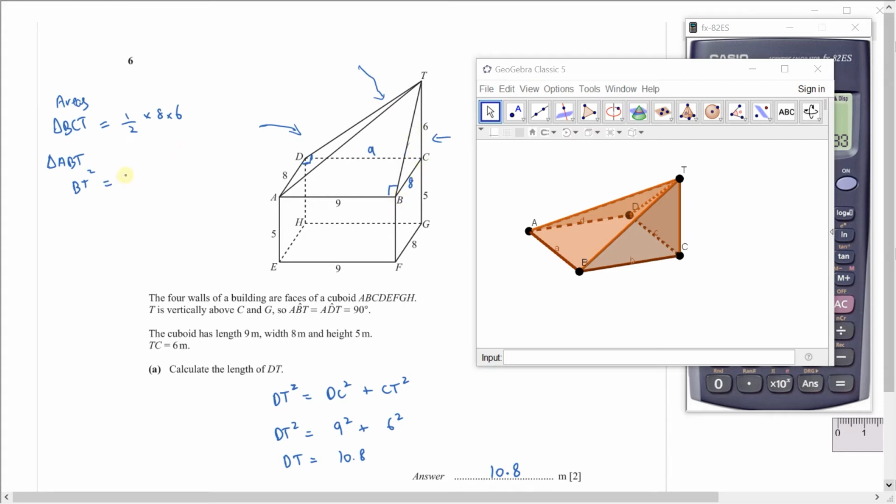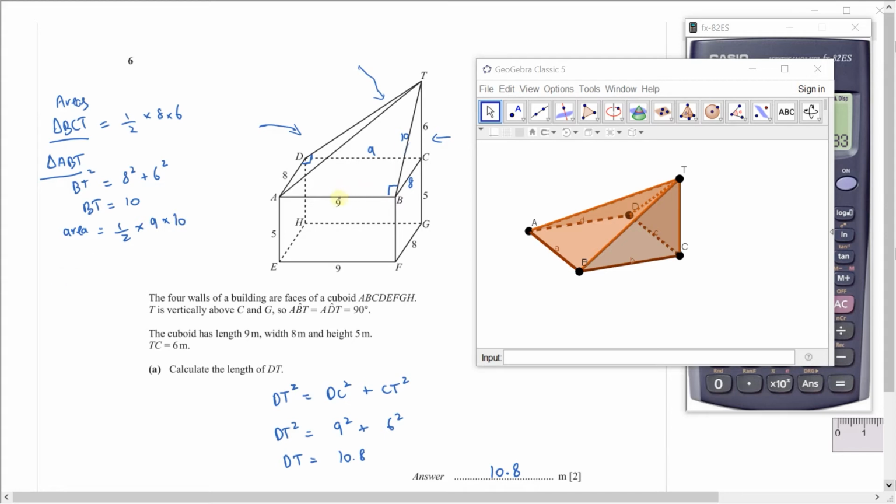So BT square will be 8 square plus 6 square. This is 64, this is 36, so this sum will be 100. So BT will be 10. Let me just underline these. For this triangle ABT, now this length here is 10. So now we can calculate the area of triangle ABT. Area would be simply 1 by 2 into base is 9 and the height is 10.